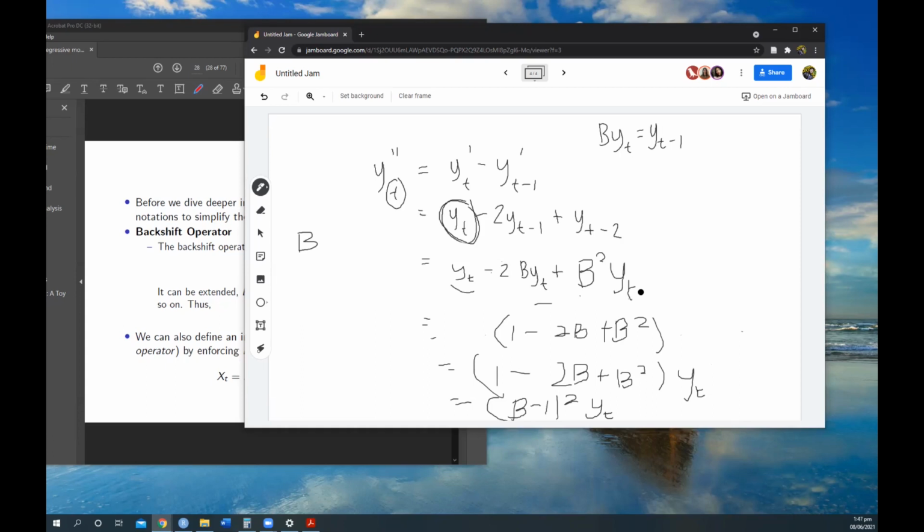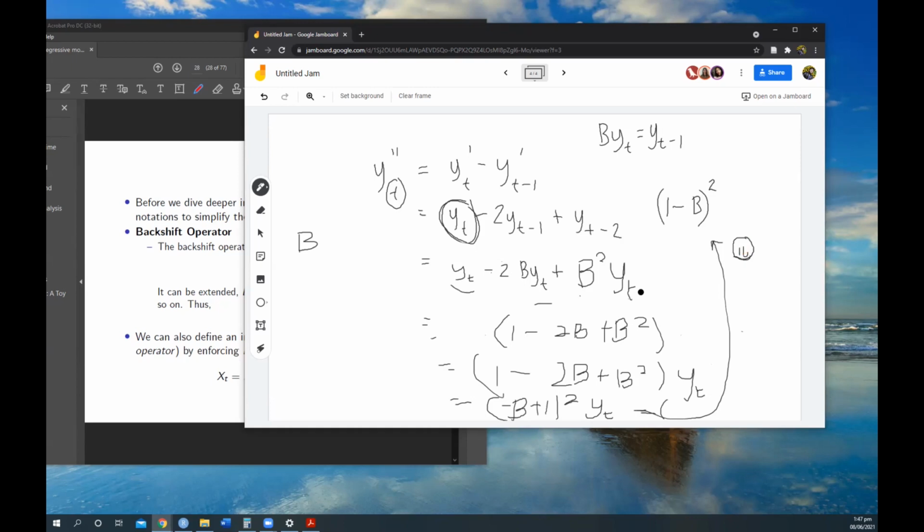Tama po. B squared. Well, tama siya, pero nabaliktad. Dapat ito yung 1 minus negative B. Opo. Ito na po. Negative B squared, tapos plus 1. Correct. So makita mo ngayon pala na pag second order differencing, you'll just have 1 minus B squared. Tama?